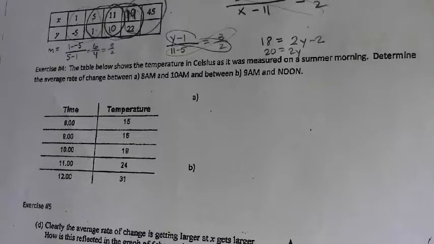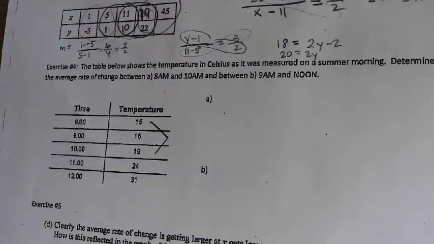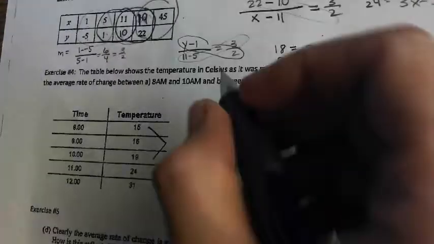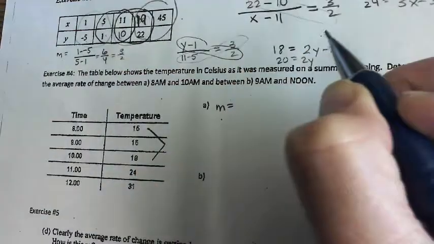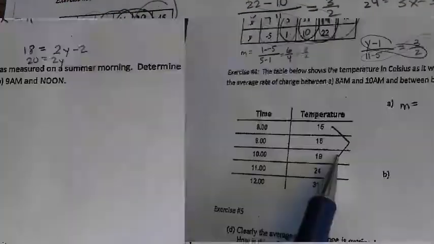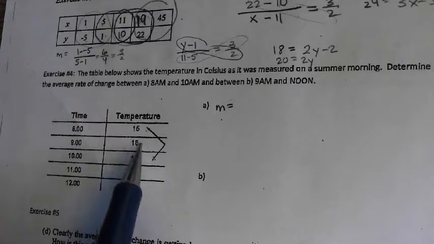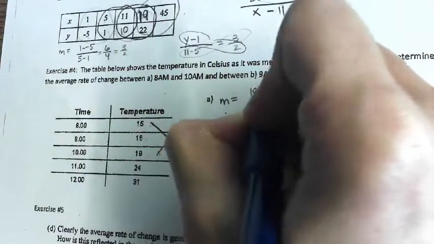So from 8 to 10, that's here and here. What would the y2 minus y1 be, Faye? We're going between 8 and 10, so it's this point and this point, not the 16. 19 minus 15, very good.